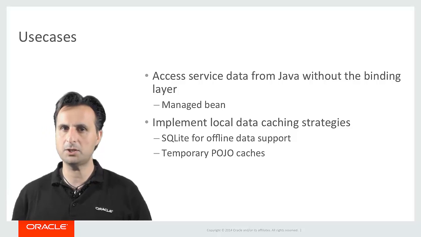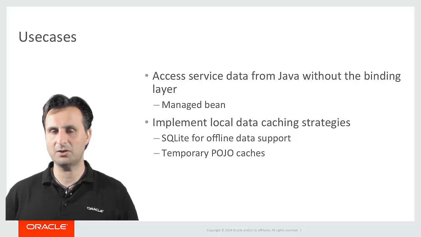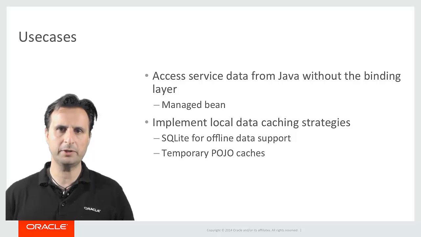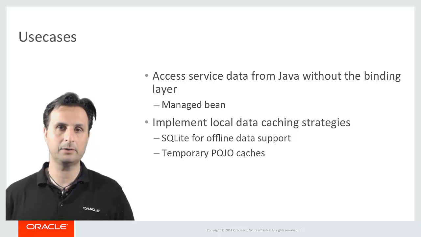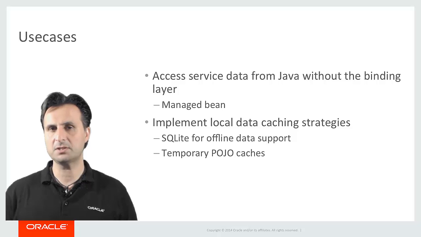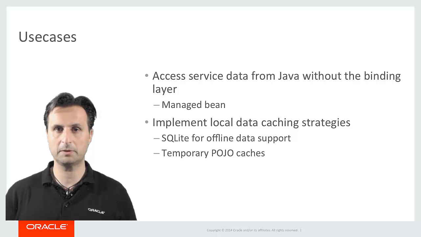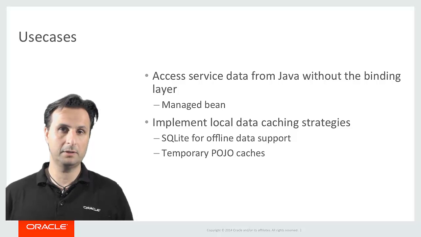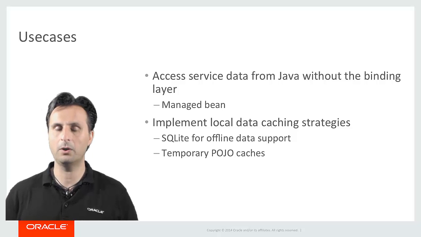Now, if it's not a managed bean, but say a POJO that you expose as a data control, then this POJO could act as a man in the middle between the user interface calling out to a SOAP service. Every data that comes from the service can be cached either permanently for offline storage, so you can use that within a SQLite database, and there's an episode just about that later on.